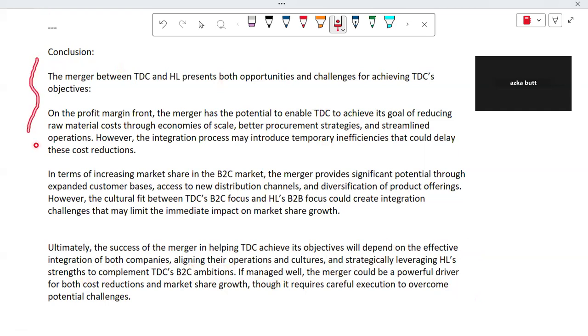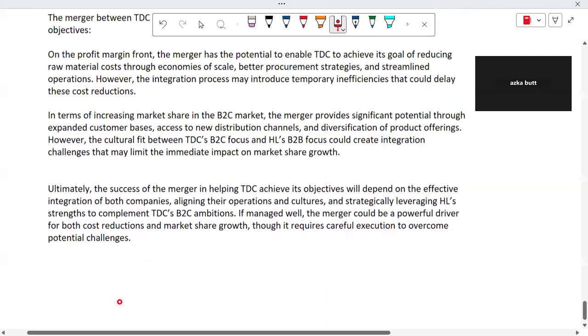Here I have balanced the arguments in the evaluation part, and now I'm going to write my own suggestions. If managed well, the merger could be a powerful driver for both cost reduction and market share growth, though it requires careful execution to overcome the potential challenges.